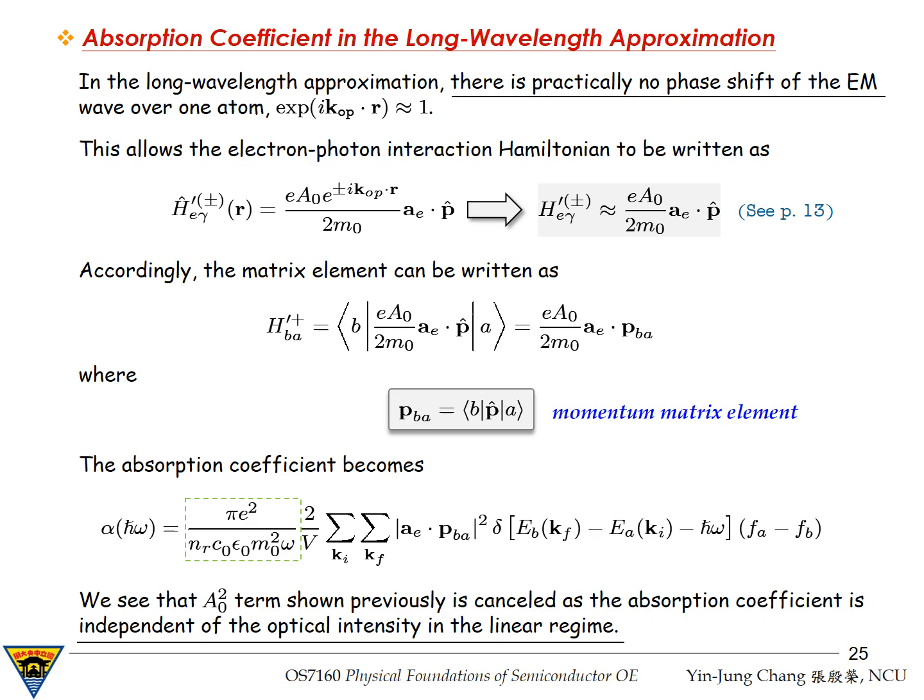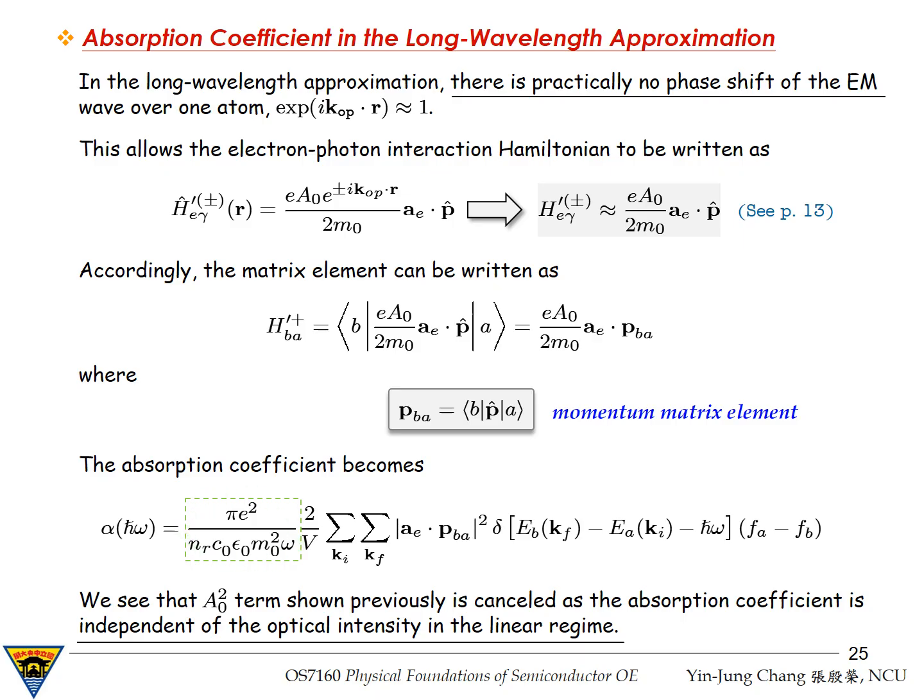The resulting absorption coefficient becomes this equation, which is one of the central results of the subsection. It tells us that the absorption coefficient depends on 4 key ingredients. First, the universal prefactor shown here.